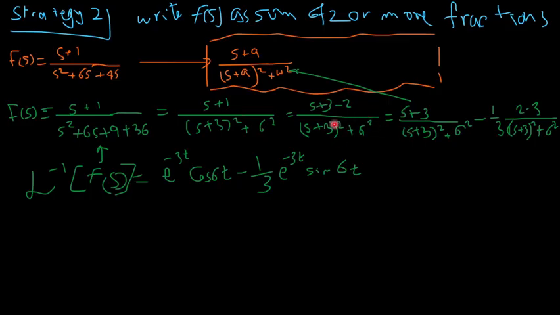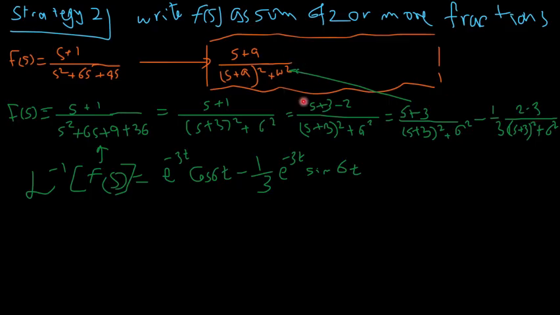So we can divide over the two terms in the numerator, and we have this expression as s plus 3 divided by s plus 3 squared plus 6 squared minus 2 over s plus 3 squared plus 6 squared.